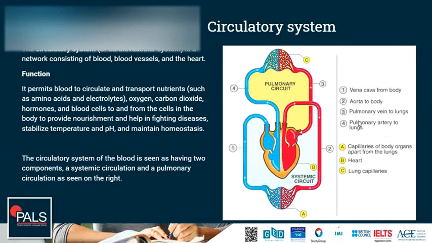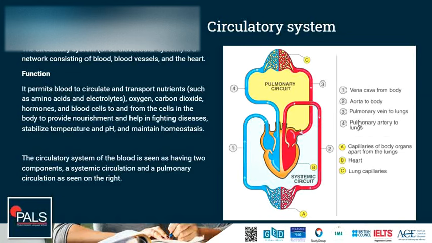The circulatory system of the blood is seen as having two components, a systemic circulation and a pulmonary circulation, as we can see on the right. The pulmonary circulation circulates the blood around the lungs, where it gets reoxygenated.